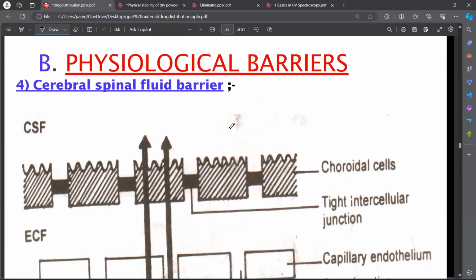Basically, the cerebrospinal fluid is produced by which ventricles in the brain? Name the ventricles. Which ventricles in the brain produce the CSF, cerebrospinal fluid?